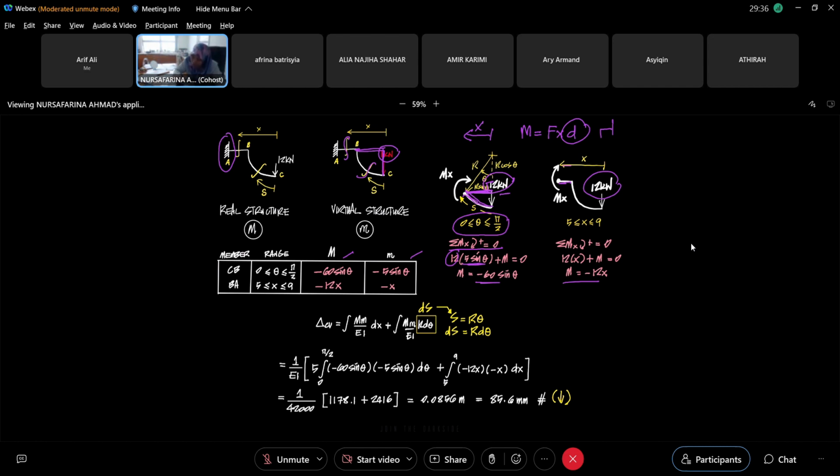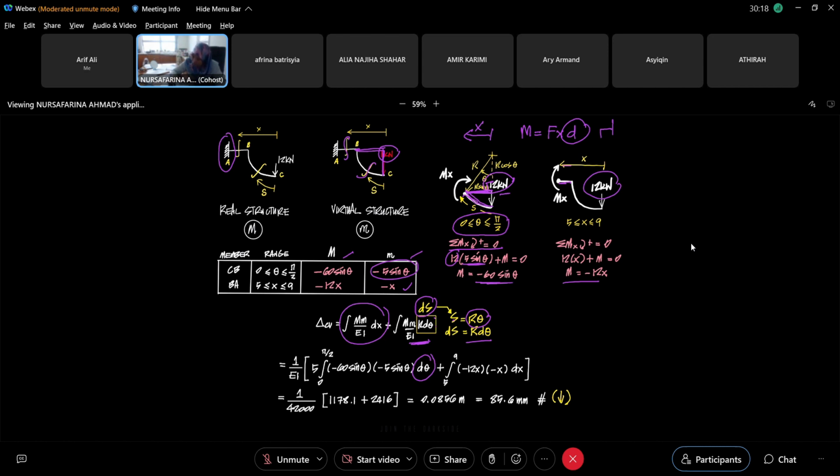Now, since we have R d theta, this theta is the same; the X is already correct, so you must convert to theta. How to convert ds? ds is dx, S is the distance. So S equals R theta, and when you differentiate, it is R d theta.